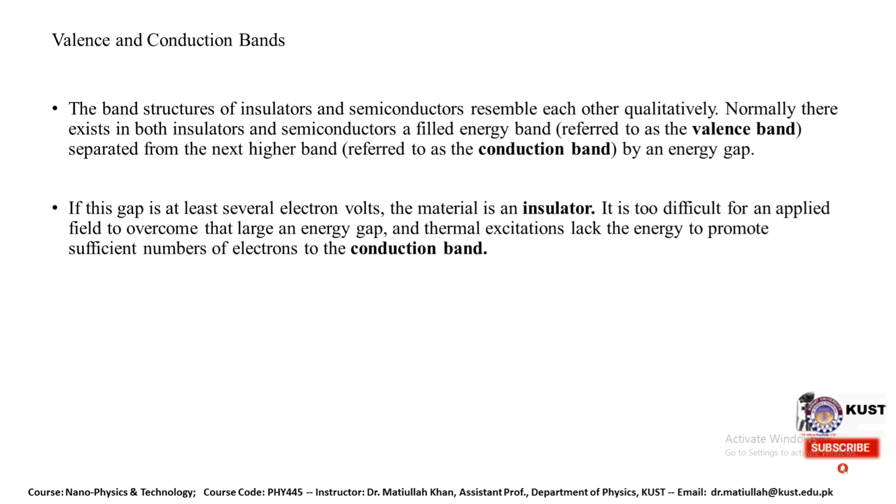It is too difficult for an applied field to overcome that large energy gap, and thermal excitation lacks the energy to promote a sufficient number of electrons to the conduction band. That is why, if we apply an external potential difference on the insulator, there is no current.